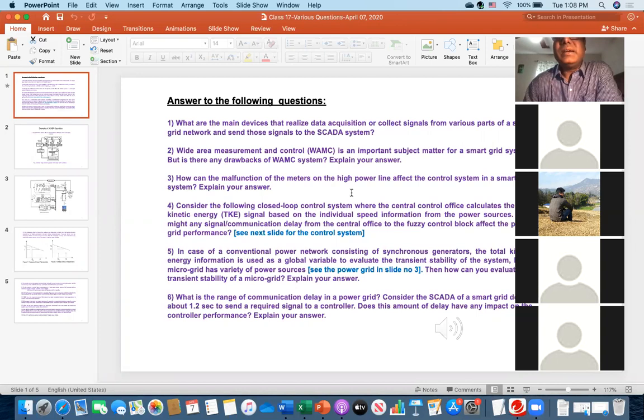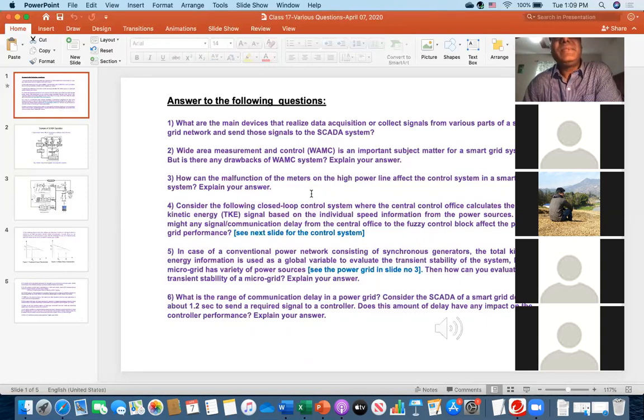So you see that along the high power line, there are two main measurement devices or meters. One is called PT or VT to measure the high voltage or high potential, and the other one is called CT, for high current measurement. Those voltage and current signals are being sent to the SCADA.